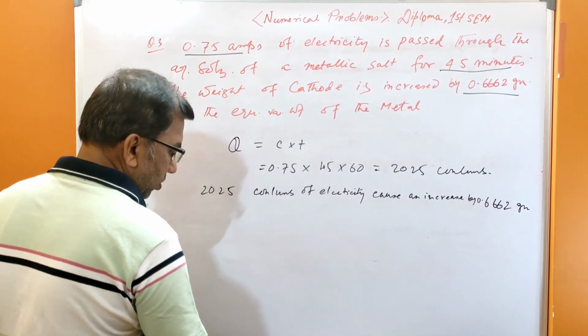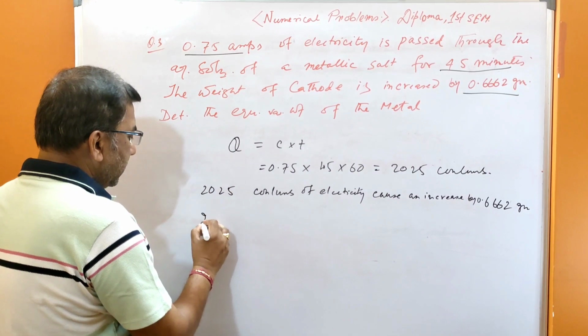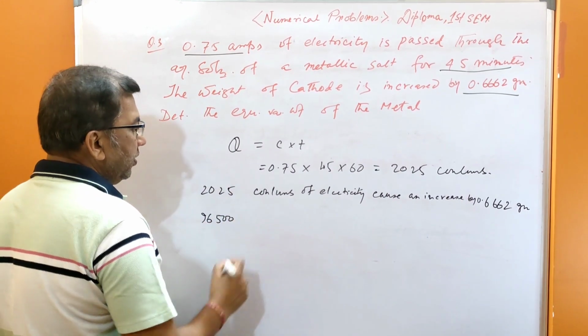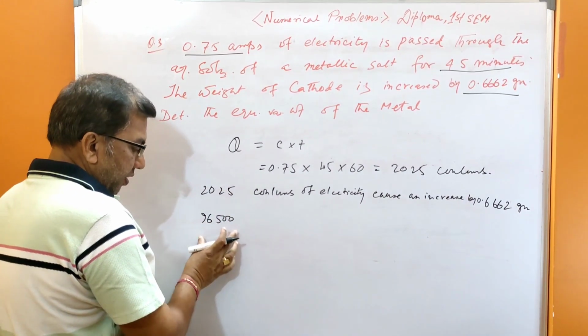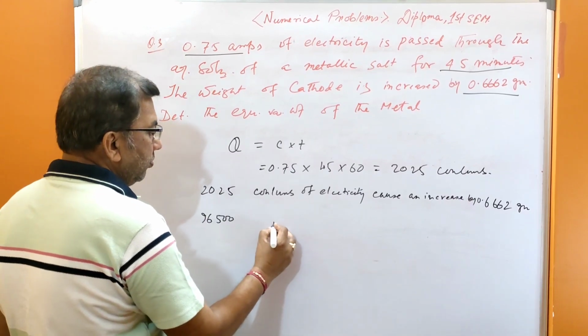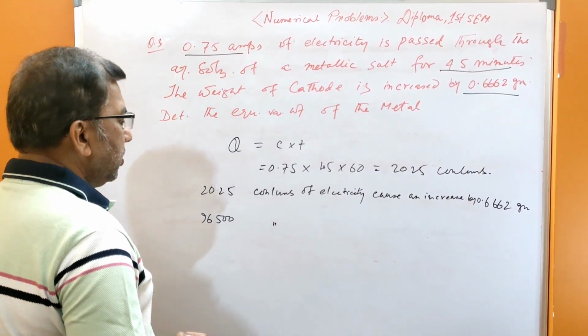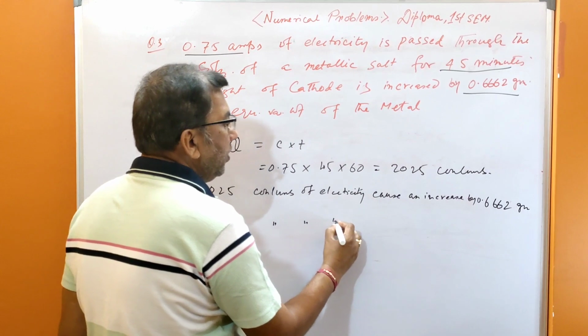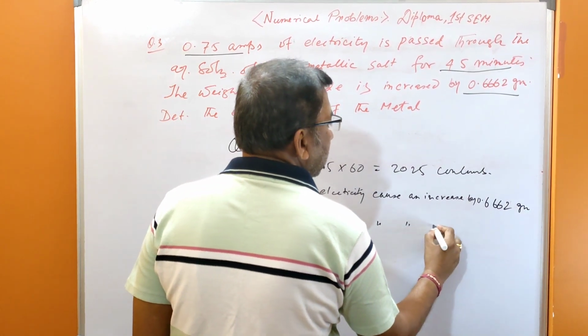So you have to find out what 96,500 coulomb, 1 Faraday, of electricity would cause as an increase.